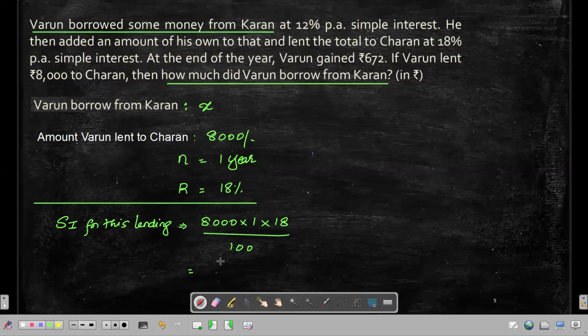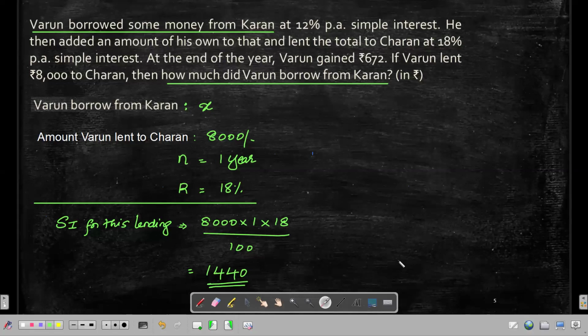So when you do this calculation, 8,000 into 1 into 18 by 100, that is 18 into 80, and that will be 1440. So please note this. This is the simple interest for the lending that Varun has made to Charan, 1440. So that much money comes into Varun's account.